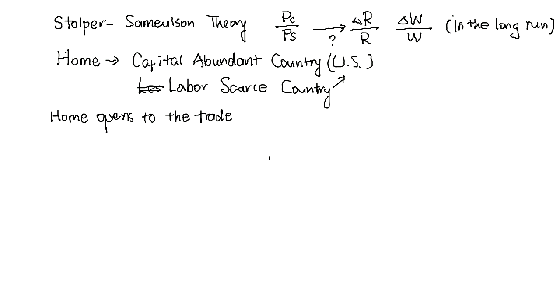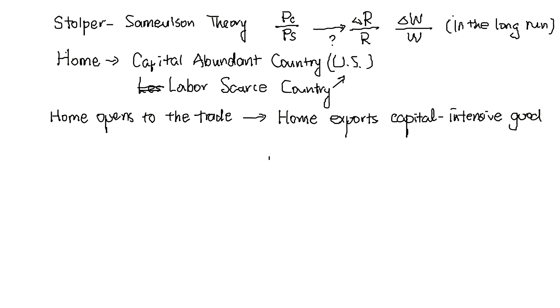the home country will export capital intensive goods. This is because of what? The Heckscher-Ohlin model, right? Because the home country is a capital abundant country, so the home country exports capital intensive goods.